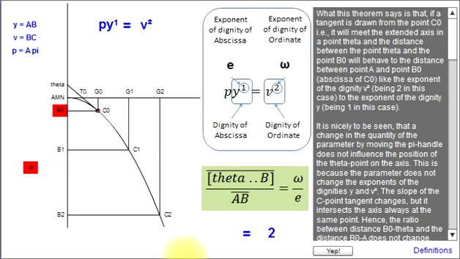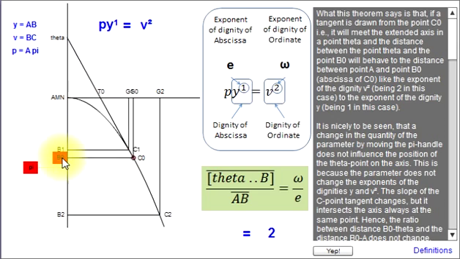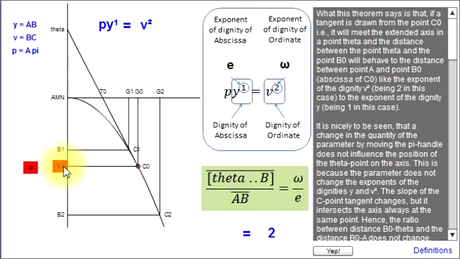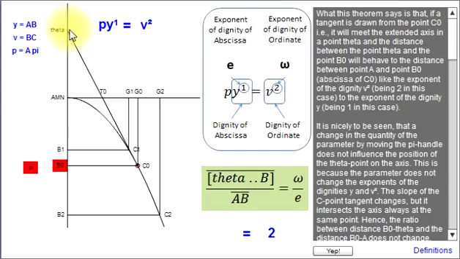And now we go into the details of what Ricci actually discovered. So when you place a point on a location on the parabola curve, and you draw a tangent from this point upwards such that it at some stage intersects the extended axis, it will intersect this axis in a point which we call theta.